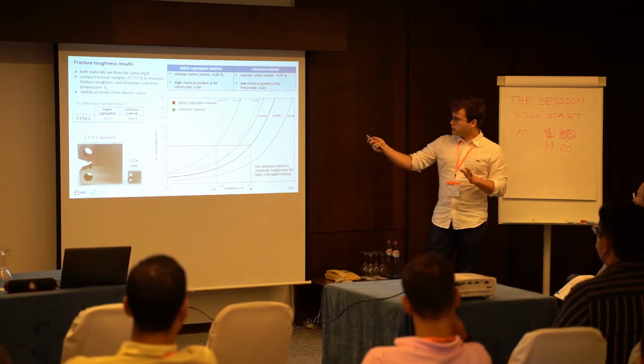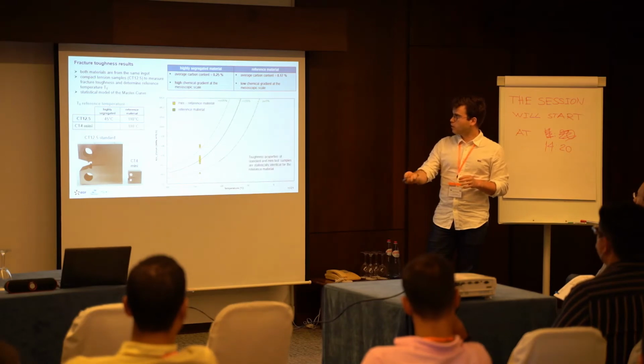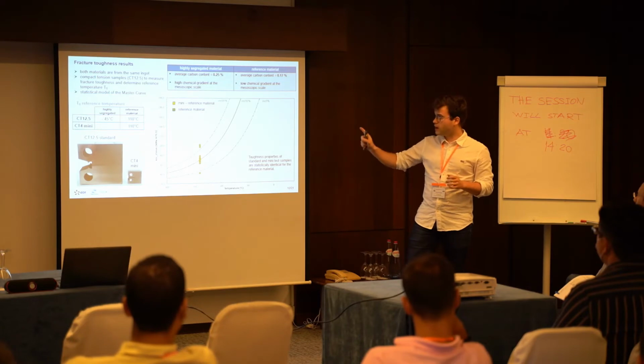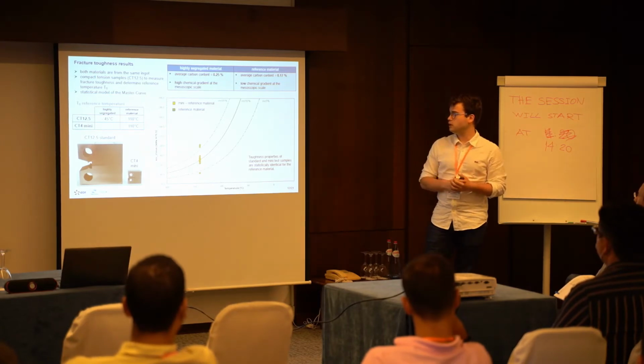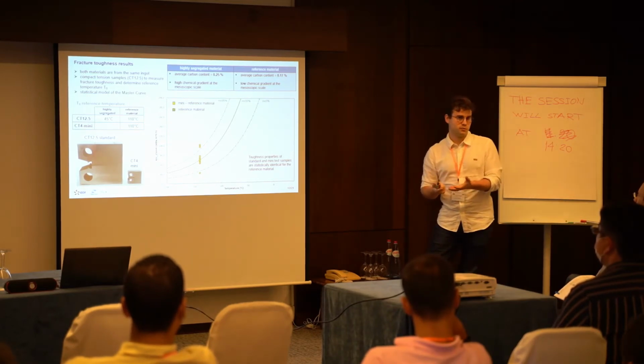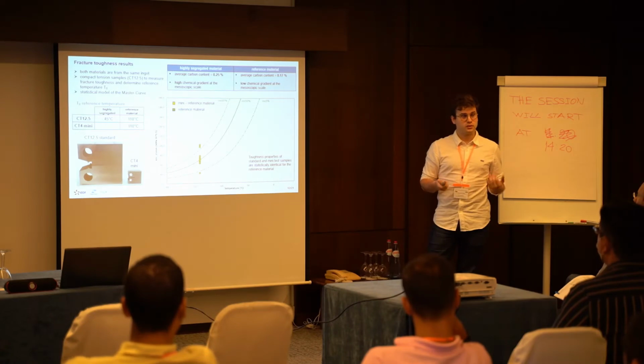And here are the results for the reference material. As you can see, there is no difference between the reference temperature measured or calculated with big samples or with small samples. It is totally independent of the sample size.